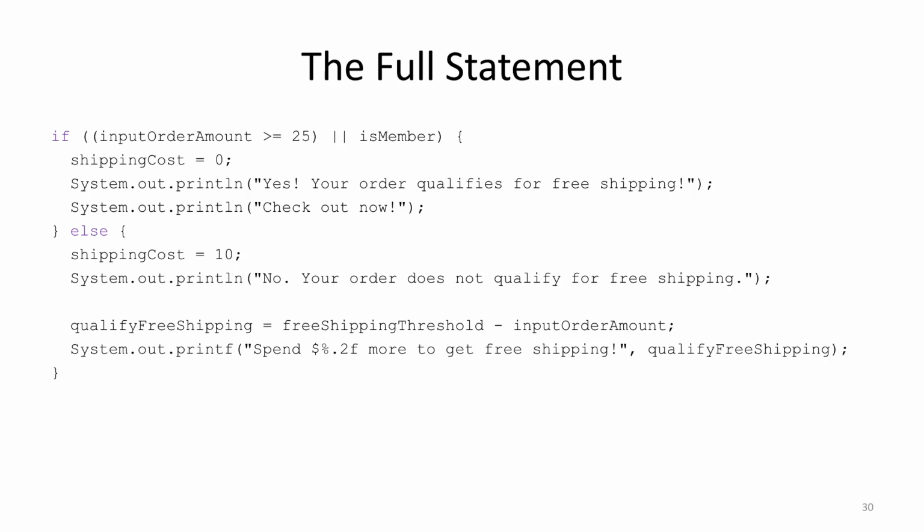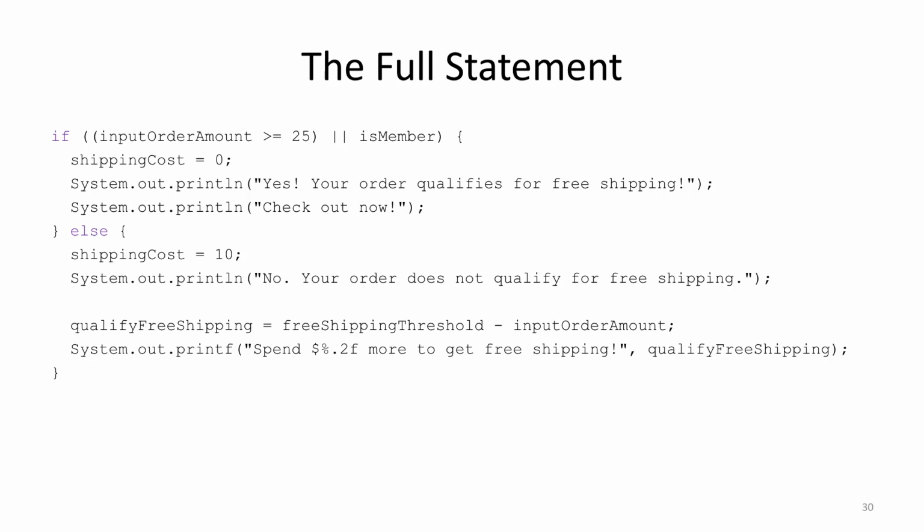Now for this or, either one of the conditions can be true for the user to get free shipping. If they are a member, it doesn't matter how much they spent. And if they spent 25 or more, it doesn't matter if they are a member or not. For an or operation, if either the left or the right operand is true, the result of the or will be true. The only way for the result of an or to be false is if both operands are false.